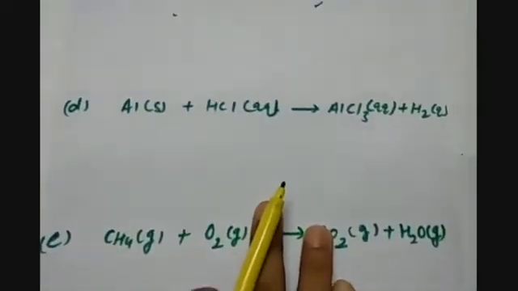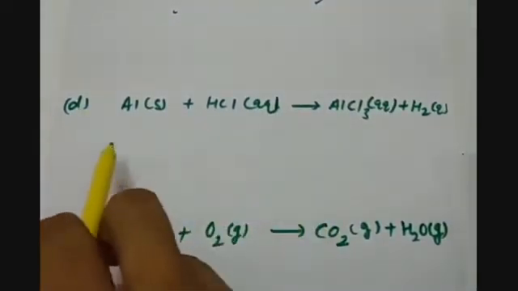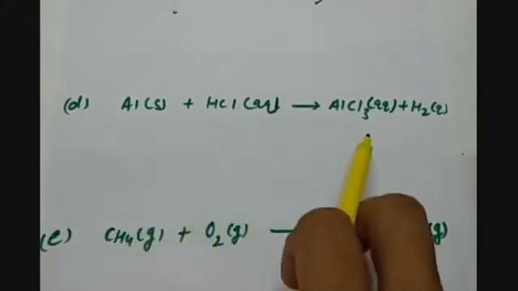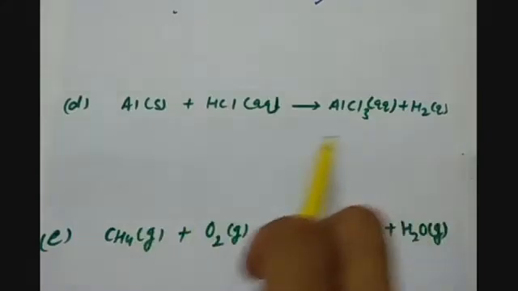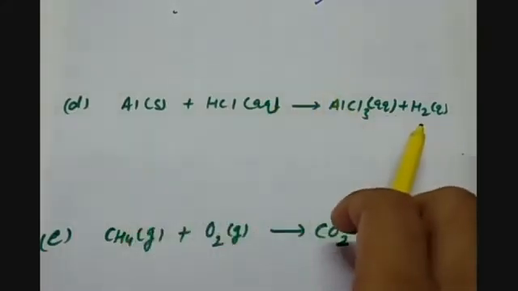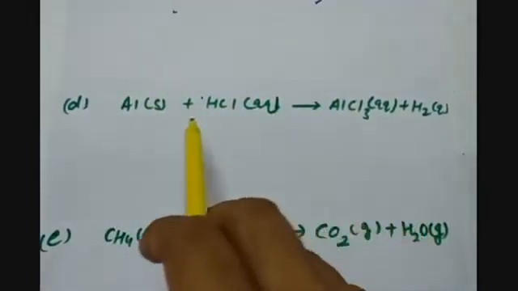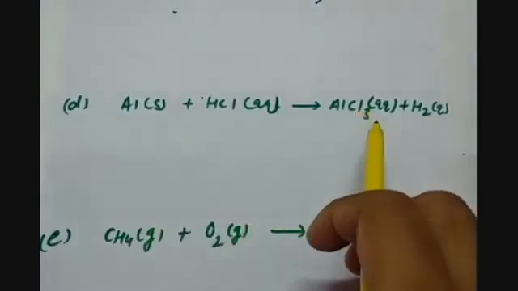Here in part D, we have aluminium in solid form reacting with hydrochloric acid gives us aluminium chloride and hydrogen gas. So here we have 2 hydrogen and here we have 1. So let us multiply it with, we cannot multiply it directly by 2 because here we have Cl3.